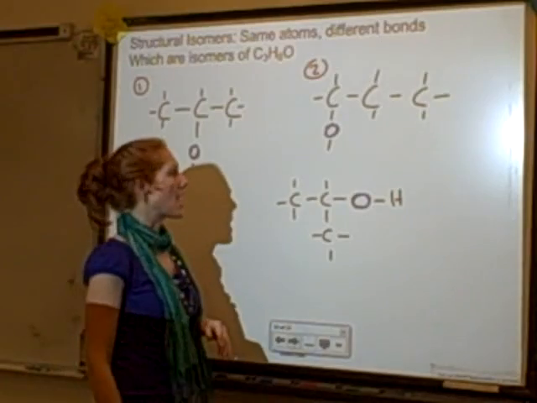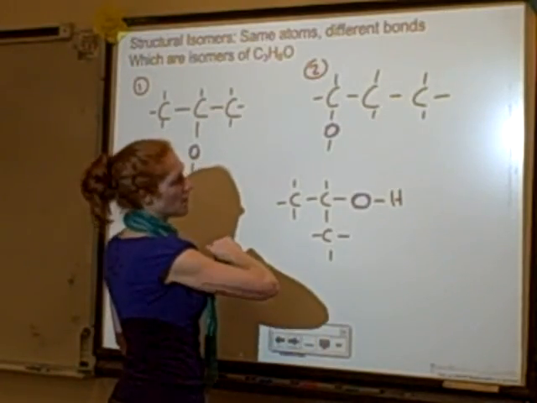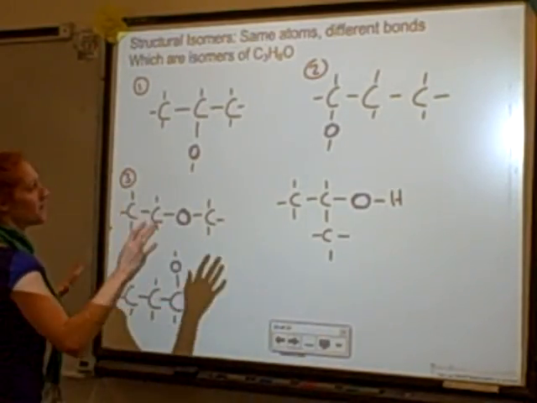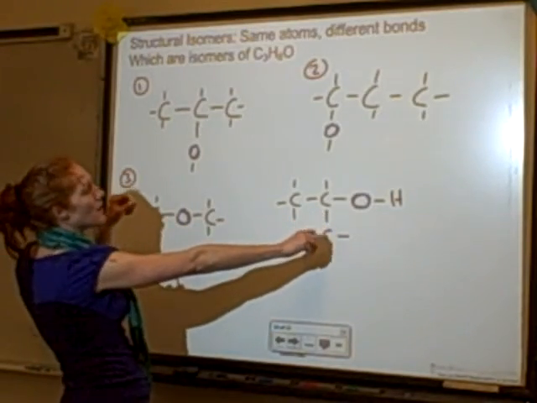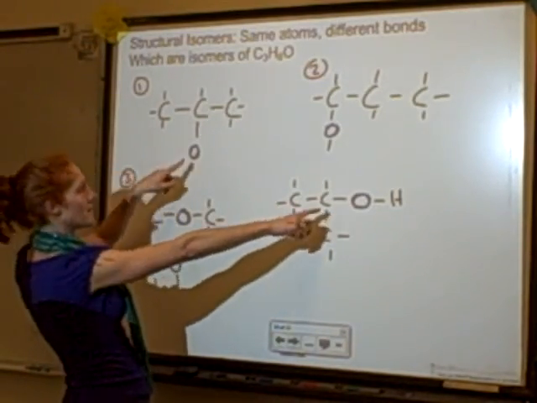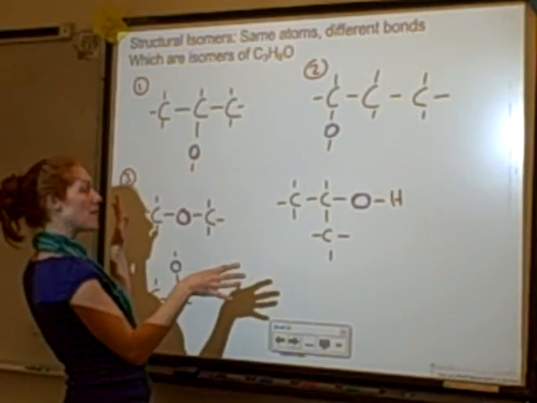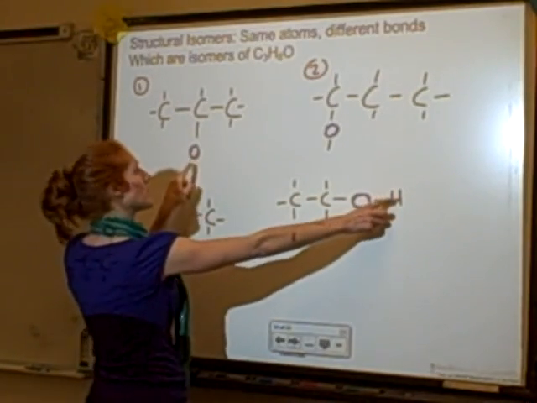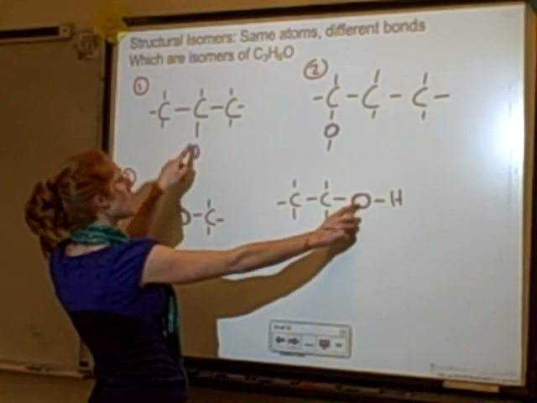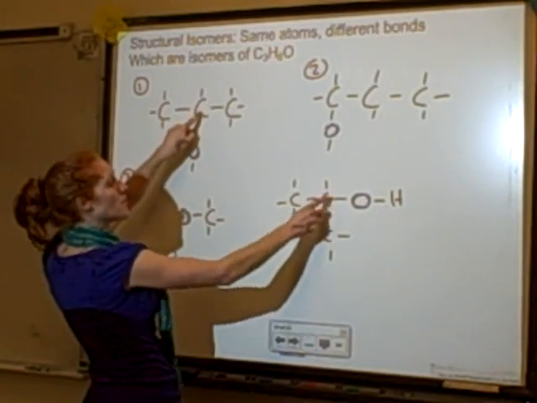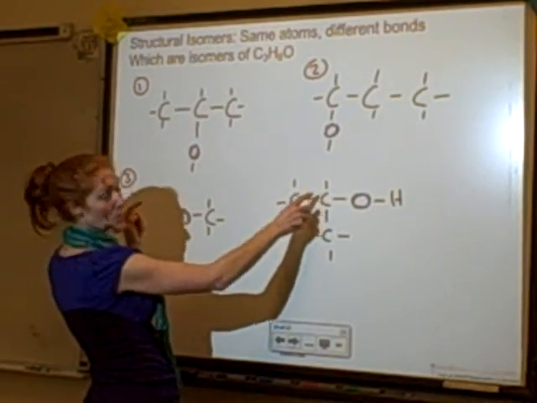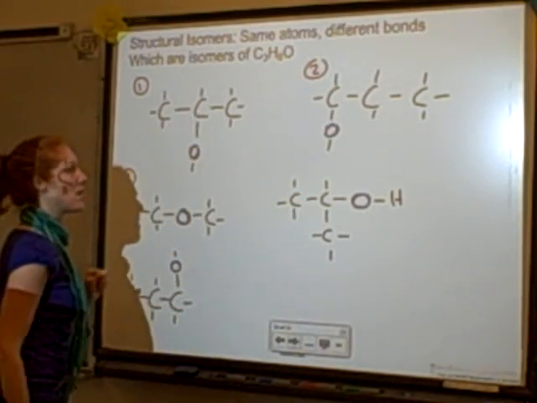Then we look at this guy. Now I've got to compare it to all of these. I can see it's different from this very easily. It looks awfully similar to this one, so I want to see if it is. I've got an oxygen bonded to an H, bonded to a carbon that's bonded to 2 other carbons. Yep, they're the same. So this molecule is that molecule.